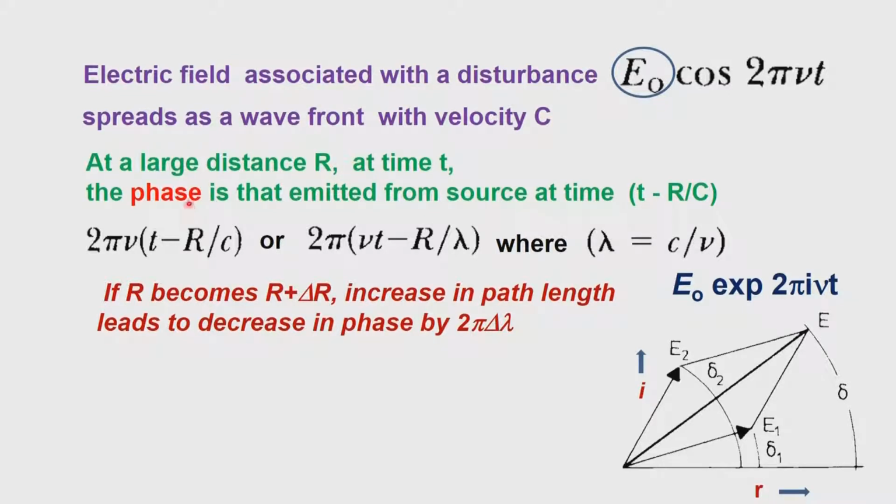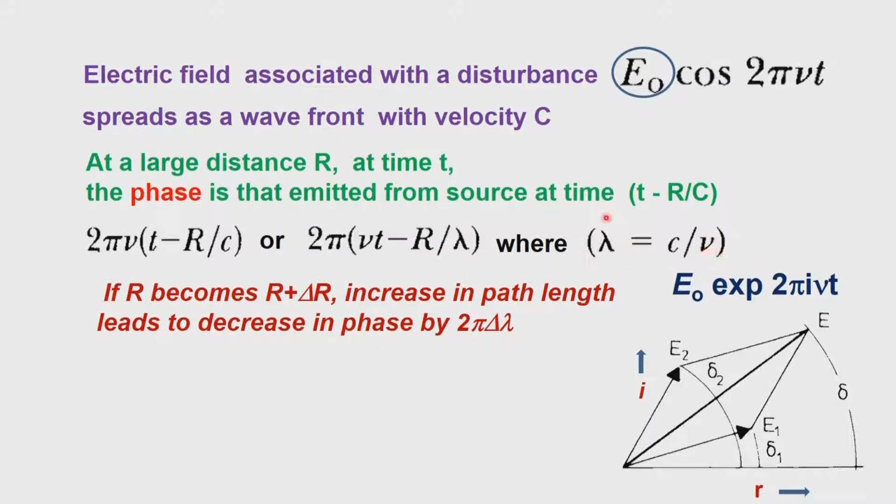It is actually the phase that was emitted from the source at time t minus r by c, because it is travelling at velocity c and r is the distance at which we catch it. Whatever we measure at t originated at t minus r by c, and therefore the phase will be 2 pi nu times t minus r by c, or 2 pi nu t minus 2 pi r divided by lambda, where lambda is c by nu.